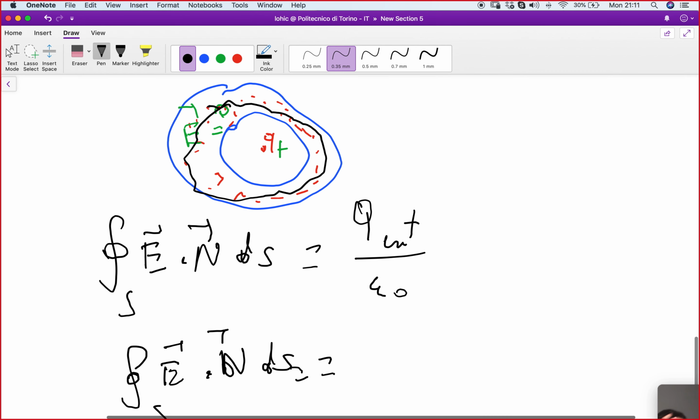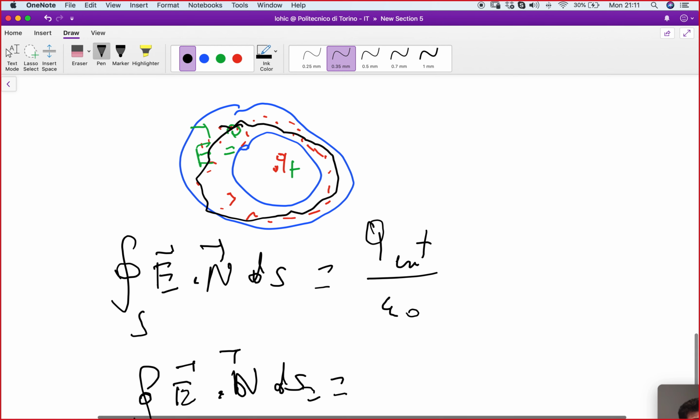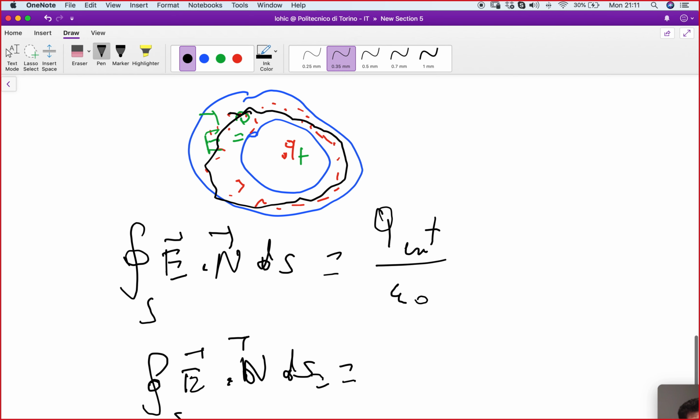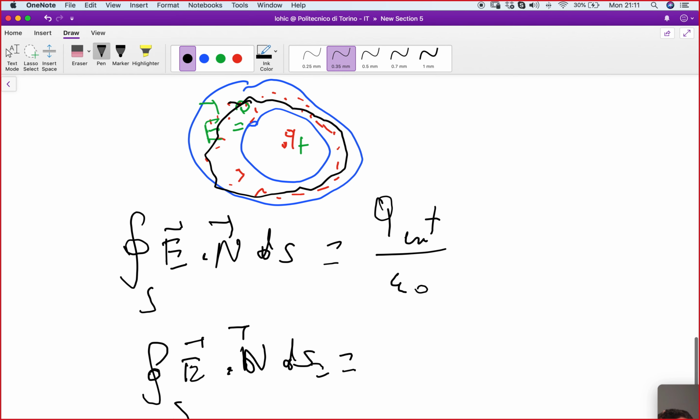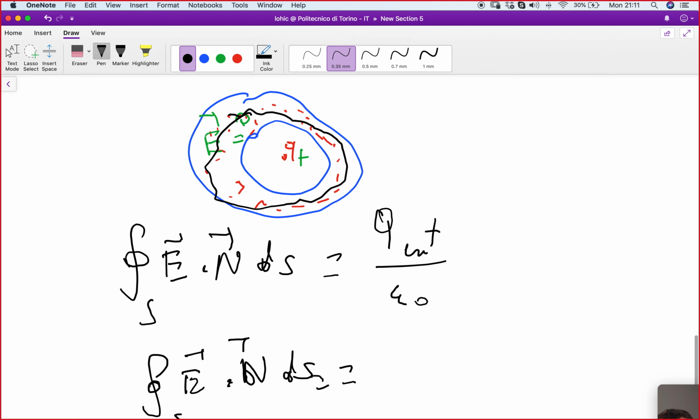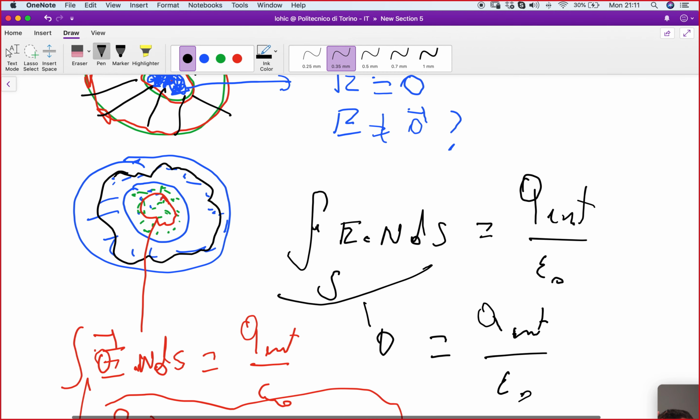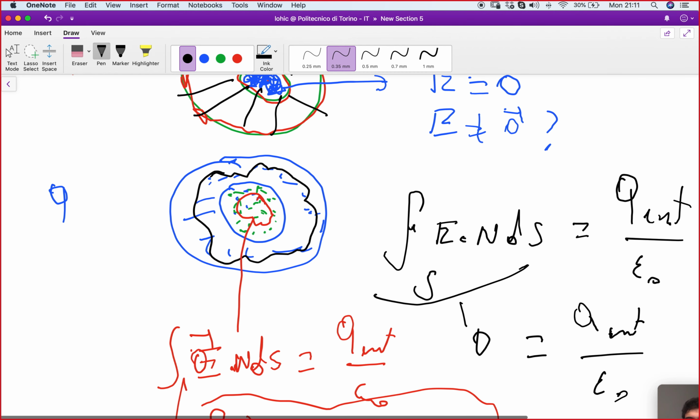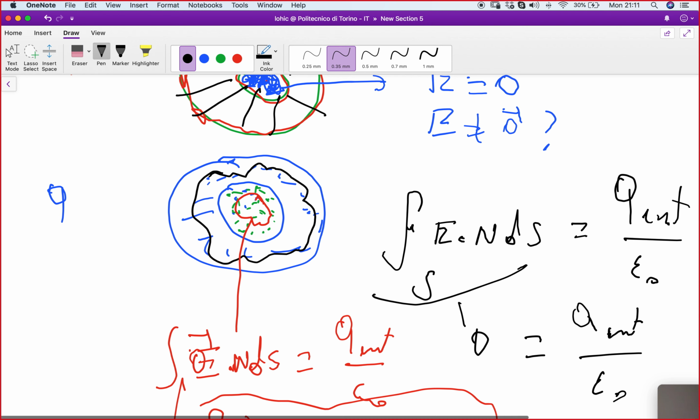No, not 0. Look at this black surface. The internal charge will be Q, because I put the charge Q here. No, but look, in this case, the charge Q is outside. Look at what is the black surface?